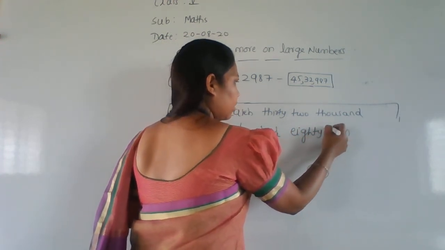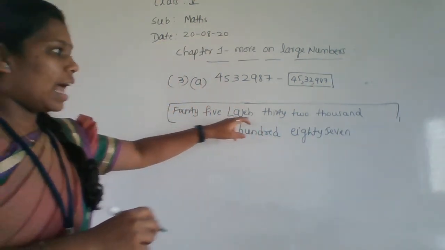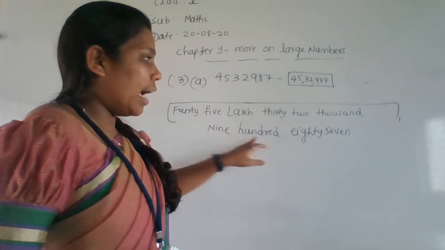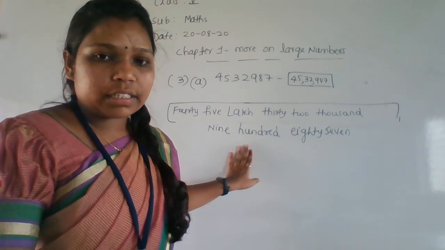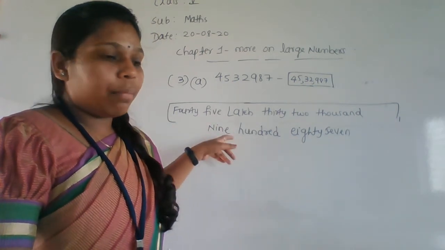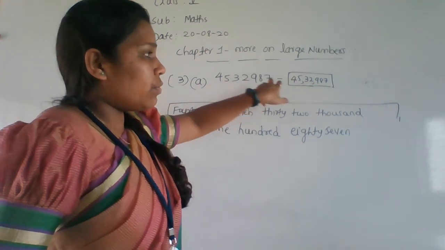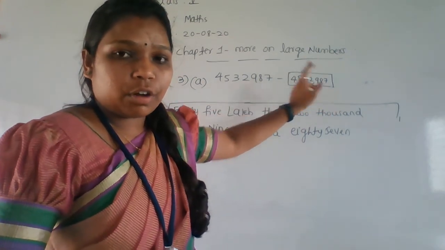So this is the number name, 45 lakh, 32,000 and 987. Like this you have to write. That is called as the number name and you have to put the commas for this number and write it in front of that box.